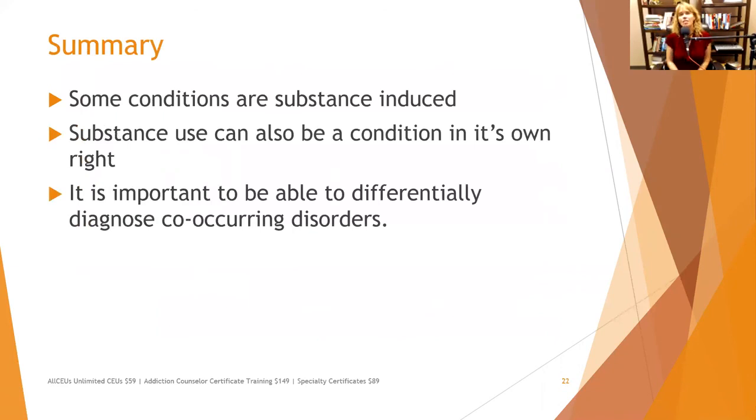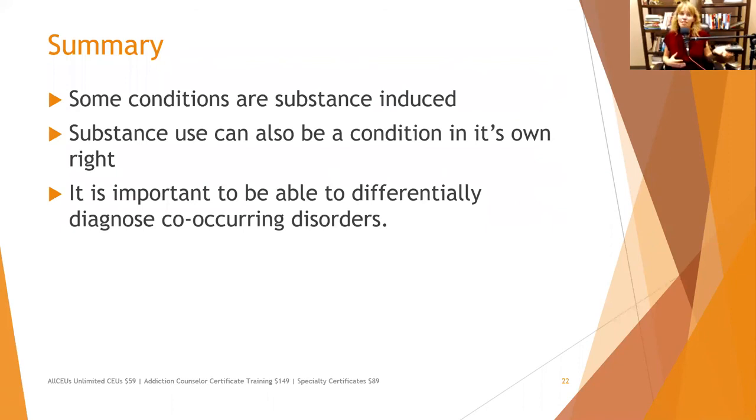So some conditions are substance induced. That means, like depression that's caused when you're withdrawing from stimulants. Once the body has the stimulants out of its system and has a couple of days to get back in order, those depressive symptoms may go away. Now, you may have depressive symptoms that continue because the brain chemistry is out of whack for some other reason.